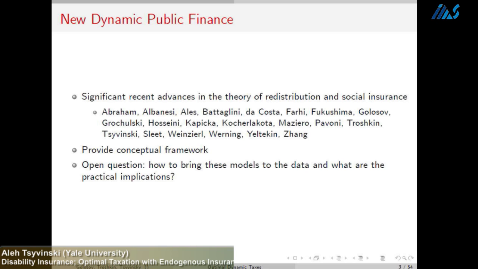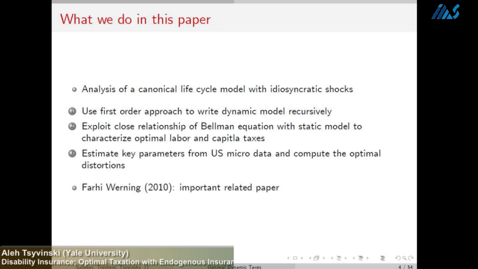And still, despite many of the papers written on this topic, the question that remained until quite recently is what do these models imply about designing taxes or social insurance schemes in models which are brought closer to the data and can potentially provide practical implications. So how to design optimal dynamic taxes.